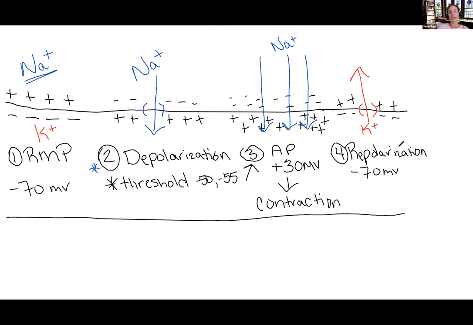Ta-da! We are back to negative 70 millivolts, negative on the inside, positive on the outside. So the whole point of repolarization is after you've gone through an action potential, you've gotten a contraction, let's get our muscle cell back to resting membrane potential. And it's really simple. We close those sodium channels and we open potassium.